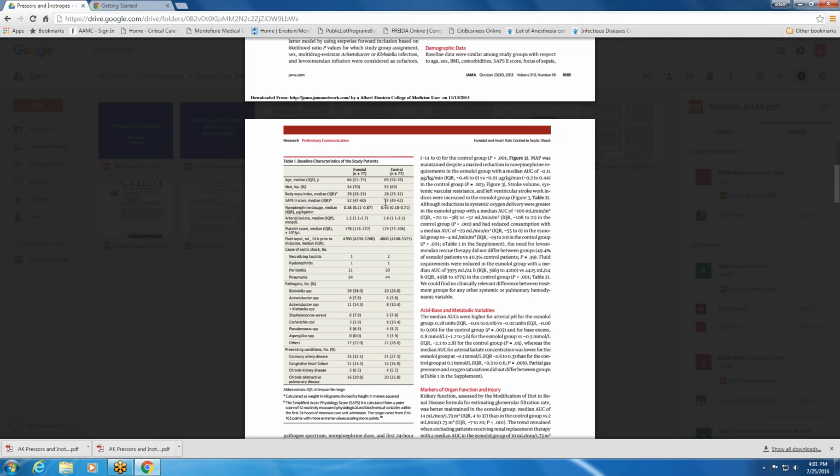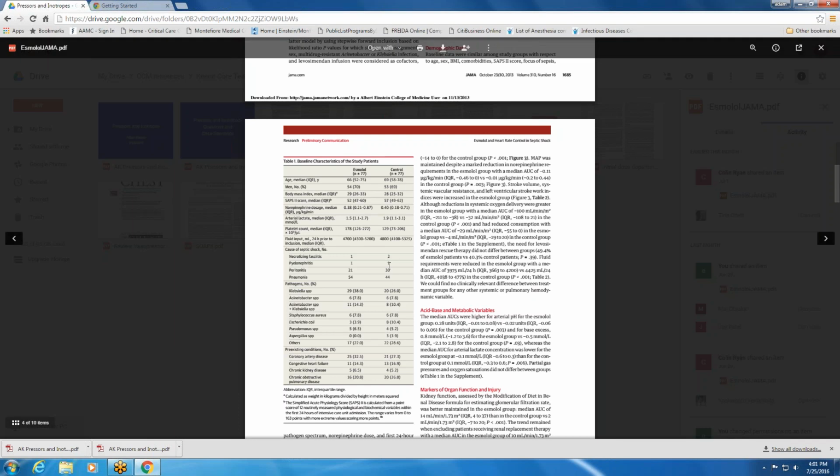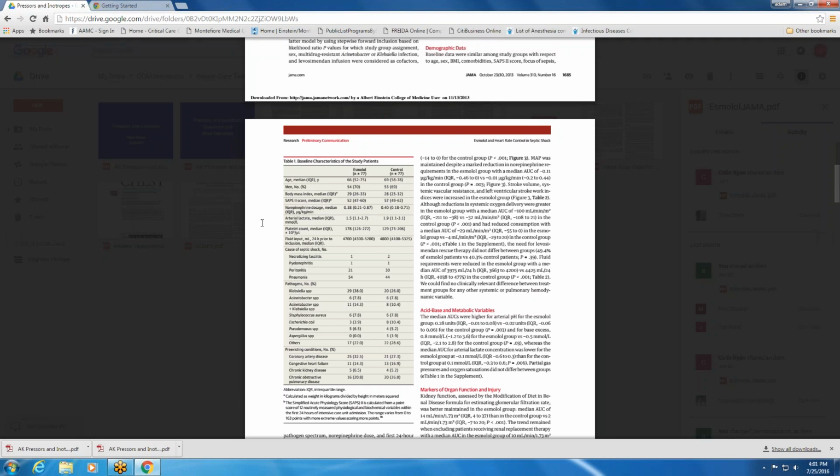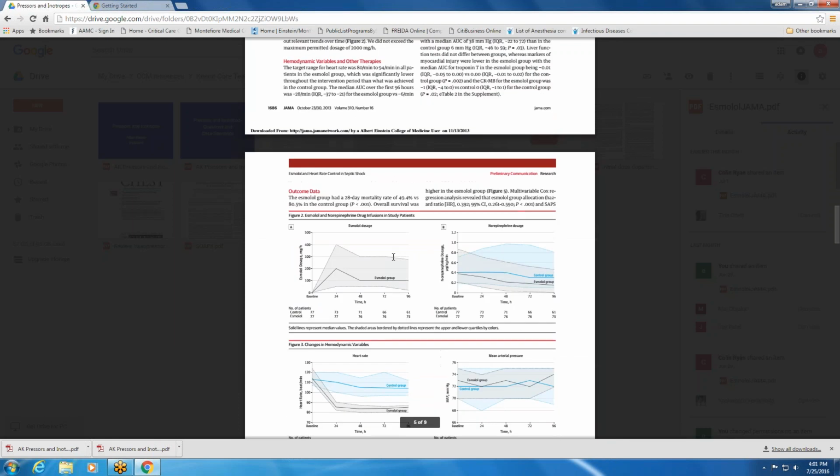And for a SAPS-2 score of 57, which is part of the steep part of the SAPS-2 curve, the predicted mortality is about 60%, as opposed to the control group, which had an actual mortality of about 80%. So the question became, was it not that the esmolol was beneficial? Was it just that the control group did really, really poorly, which it seems like they did, an 80% mortality, much higher than would be predicted by their SAPS-2 score.